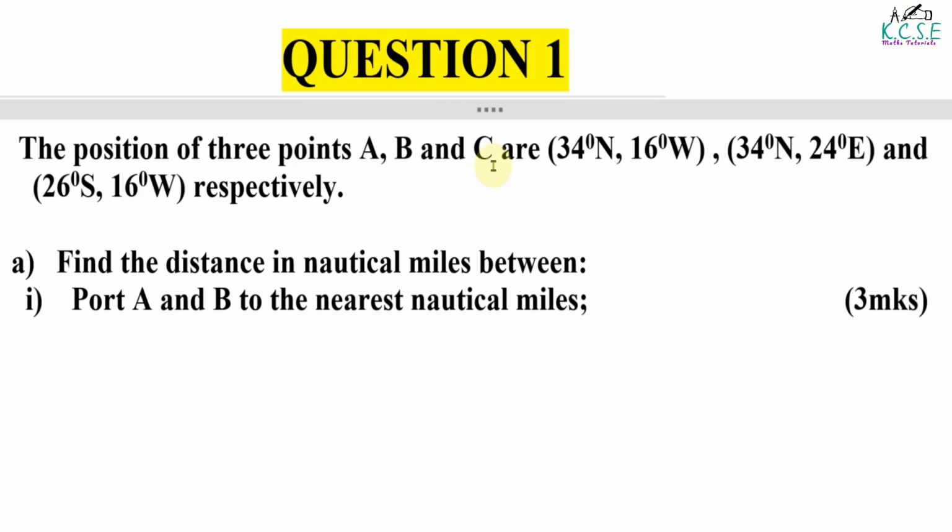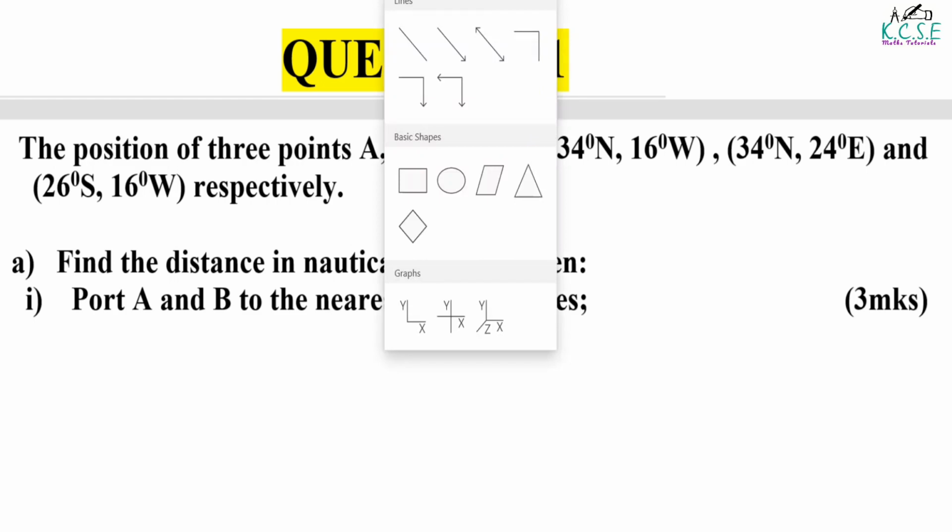It would be good if we sketch the diagram of these positions so that we can identify whether these positions lie on the circle of latitude or on the great circle. So let's do that immediately.